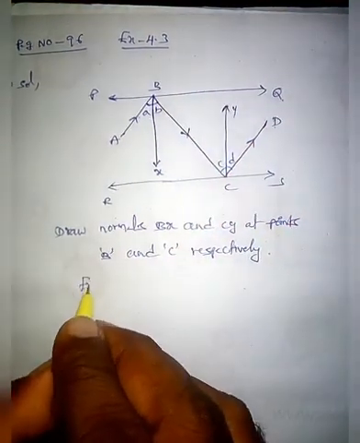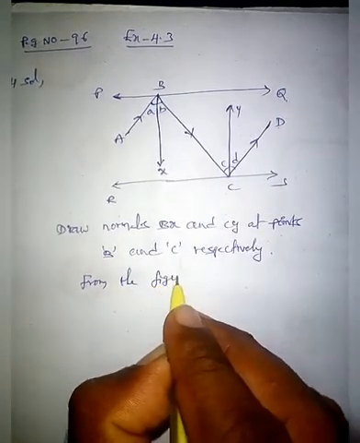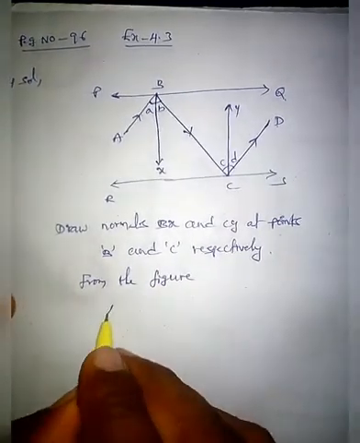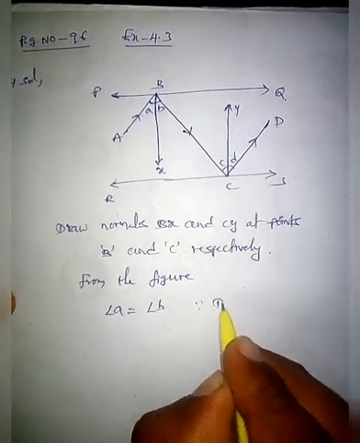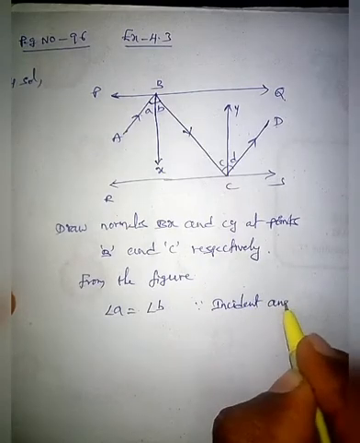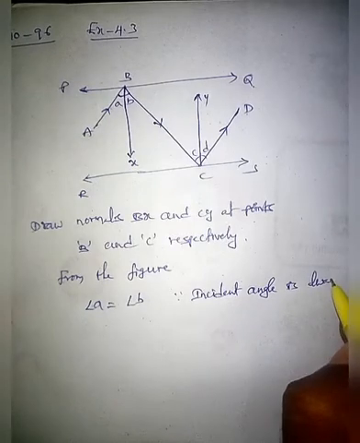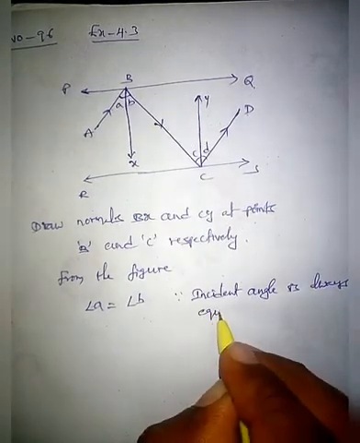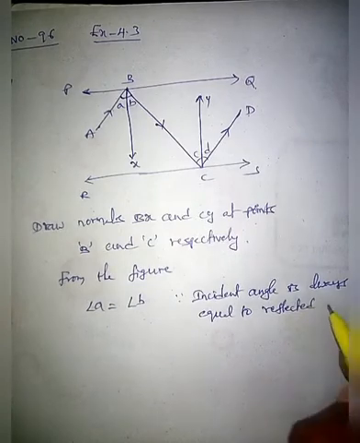From the figure, angle A is equal to angle B, since the incident angle is always equal to the reflected angle.